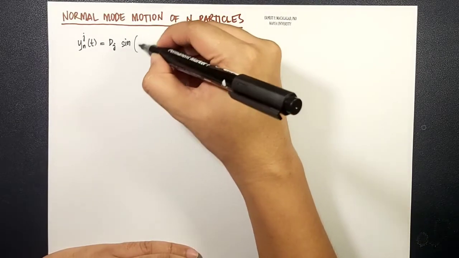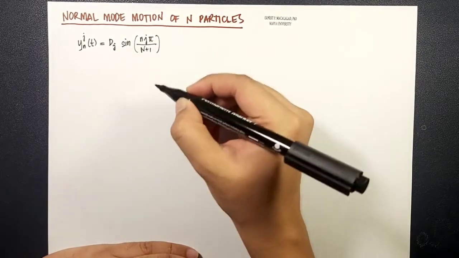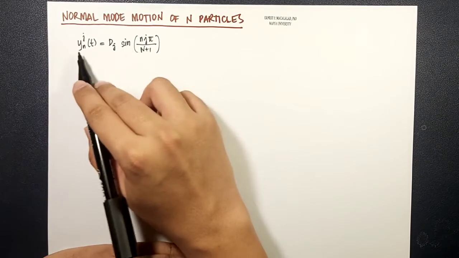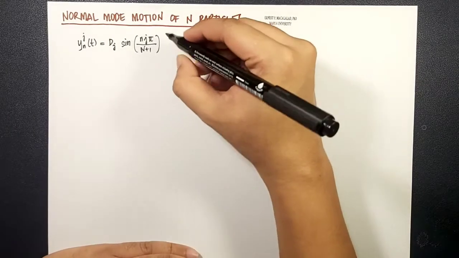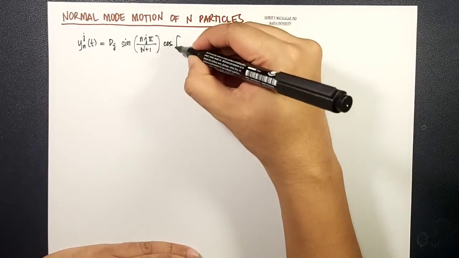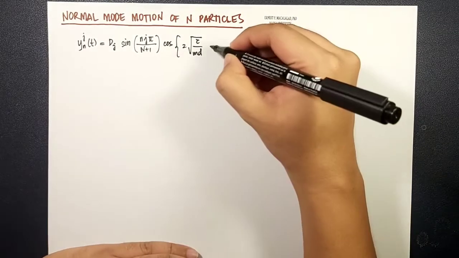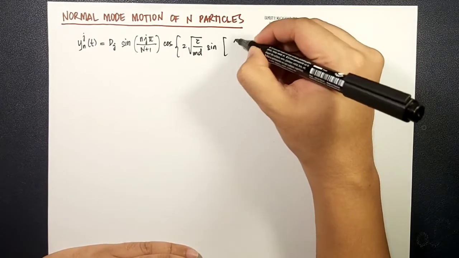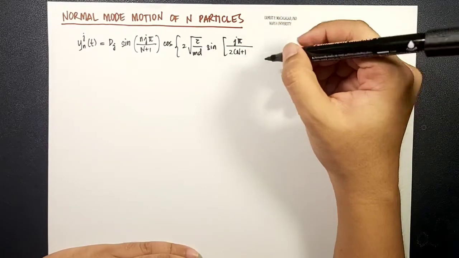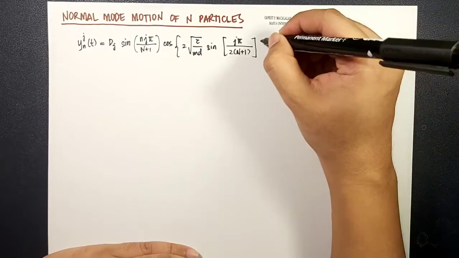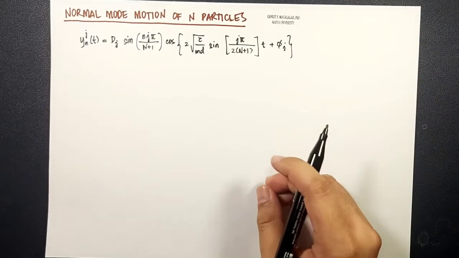times sine of n j pi over n plus 1, where small n is the nth particle and capital N is the total number of particles, times cosine of 2 square root of tau over m d times sine j pi over 2 n plus 1 t plus phi_j.